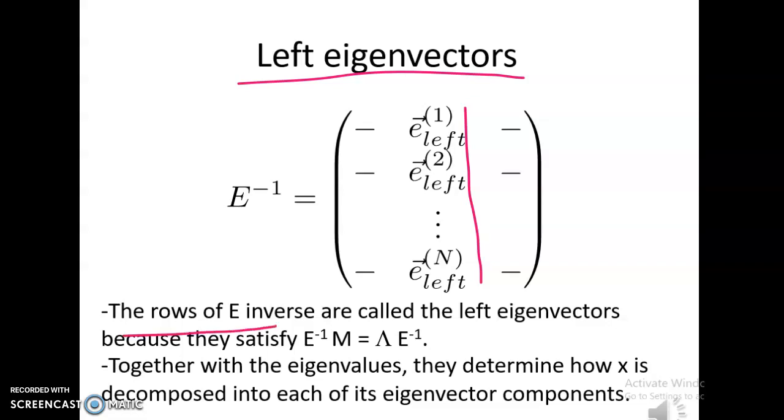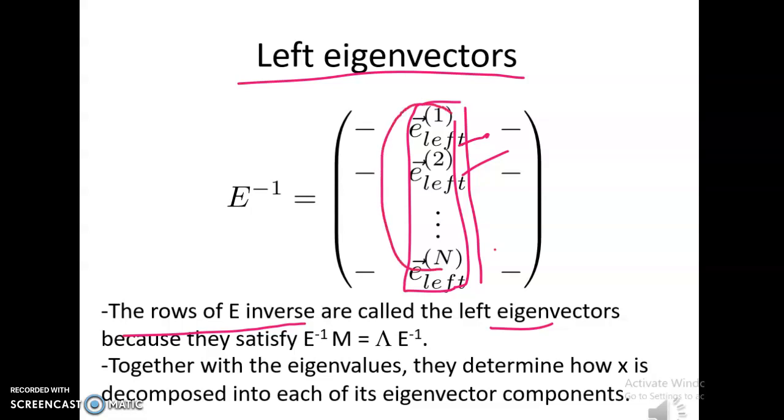The rows of E inverse, first row, second row, third row, are called the left eigenvectors, because they satisfy E inverse M equals lambda E inverse.